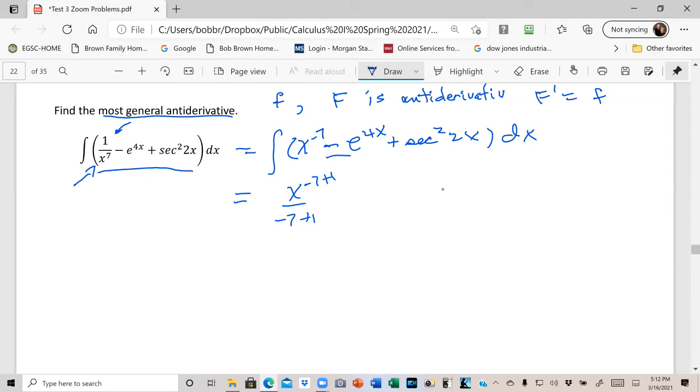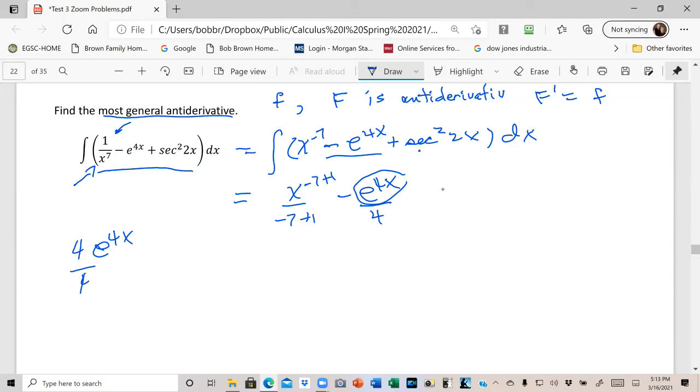The antiderivative of e to the 4x is going to be e to the 4x divided by 4. You can look at your chart, but remember the derivative of e to the 4x is e to the 4x times 4. So we had to put a 4 in the denominator to take into account the chain rule.